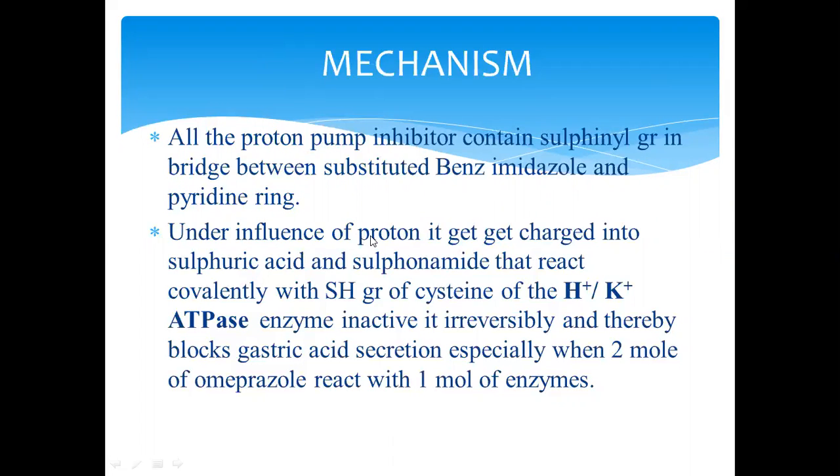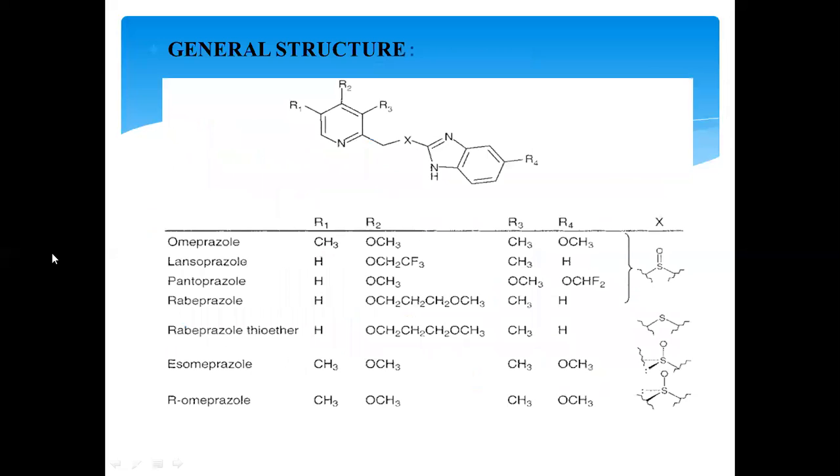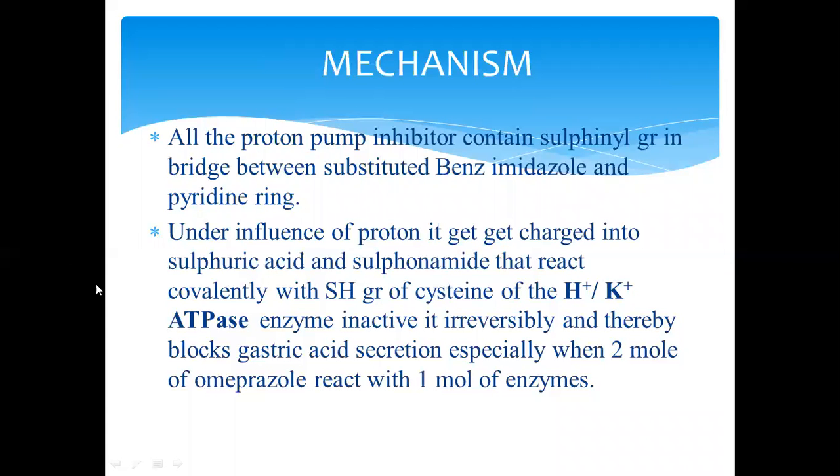Under the influence of proton, it gets converted into sulfenic acid and sulfenamide that react covalently with the sulfhydryl group of cysteine of the H+ K+ ATPase, that is the hydrogen potassium ATPase enzyme, which inactivates it irreversibly and thereby blocks gastric acid secretion, especially when two molecules of omeprazole react with one molecule of enzyme.